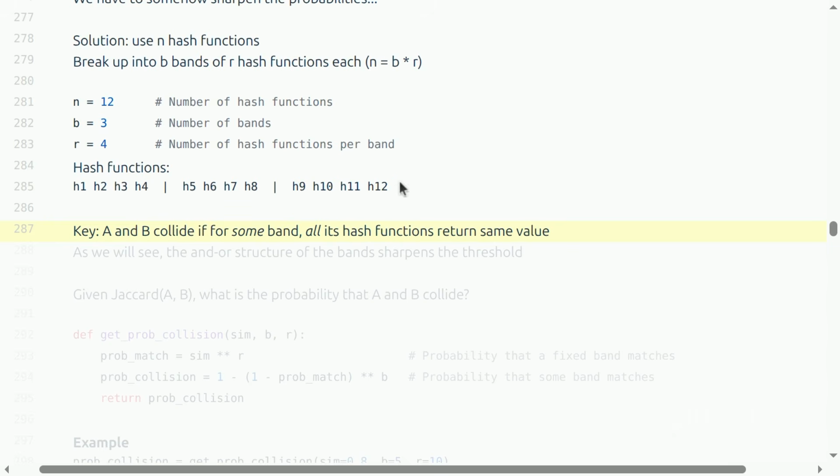Or if all of the hash functions in this band agree, then I say it's a collision, or in these two. But you don't have to have all the hash functions return the same value. So there's this AND-OR structure that is doing the lifting here, and we'll see why this works.